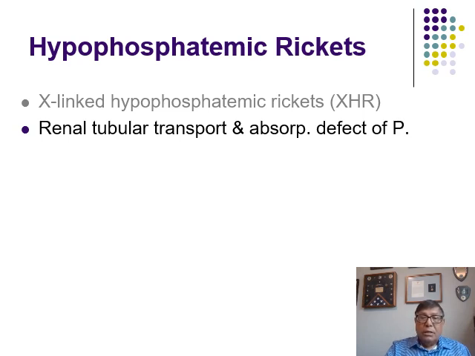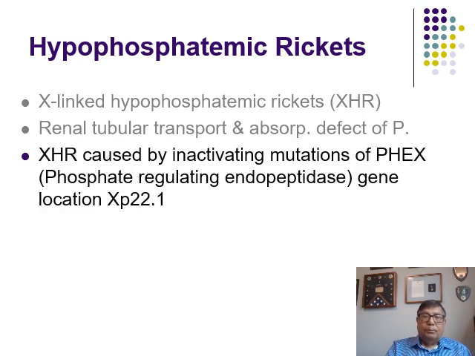Defect in transport and also defect in absorption. This is due to mutation of the PHEX gene, the phosphate regulating endopeptidase gene, located on the short arm of the X chromosome, Xp22.1.